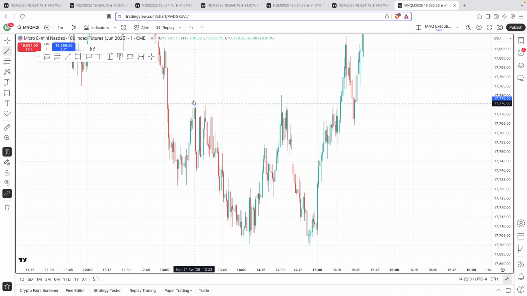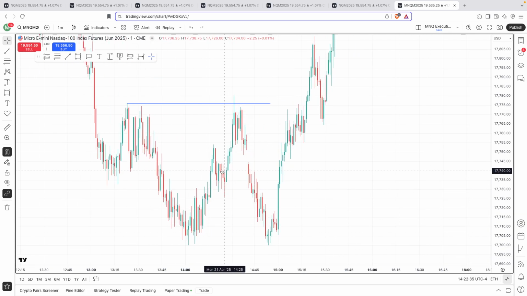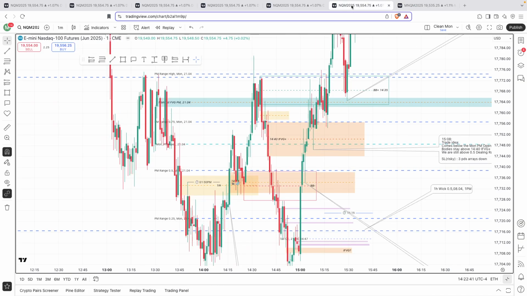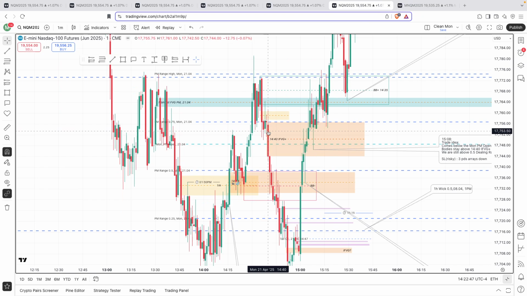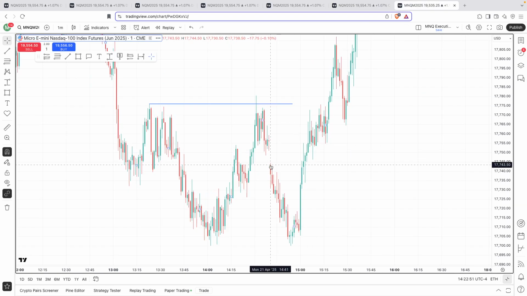But this is the turtle soup. You see how here it looks a little bit different, like it makes this gap.